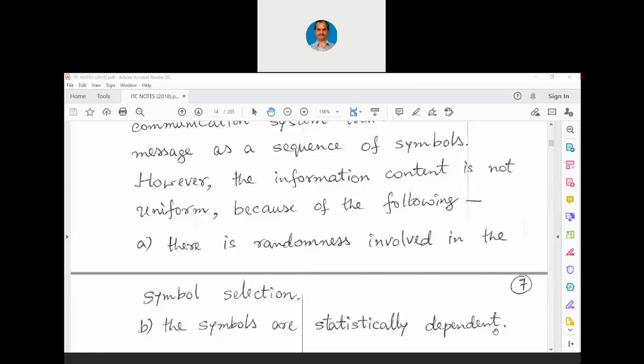So the information content need not be uniform at all. Information content can be non-uniform, and it is okay as far as the wireless communication channel is concerned, or even in the wired communication channel when multiplexing is happening, even the data rate can be non-uniform. Data rate need not always be uniform. That is the idea here.